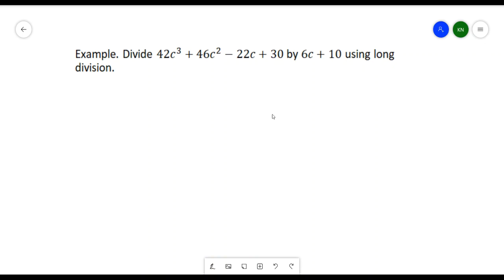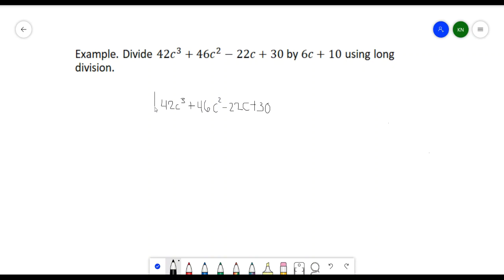In this case, we will just be rewriting this using the format of how we normally solve long divisions. Basically, this will be our divisor and this will be our dividend. Now rewriting this one, we have 42c cubed plus 46c squared minus 22c plus 30.